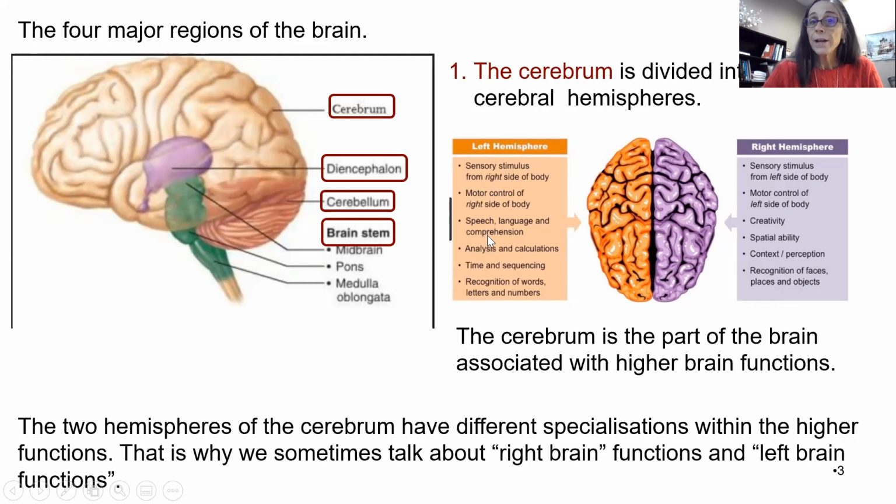Speech and language and comprehension are aspects of the left side. Analysis and calculations, again, of the left side. Time and sequencing, left side, and recognition of words, letters, and numbers.